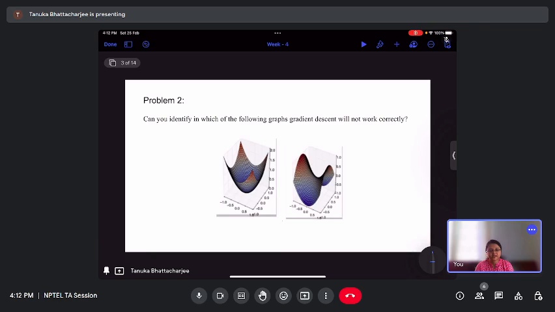Any guesses, guys? You can just write the answer in the chat, or you can also unmute and speak up.